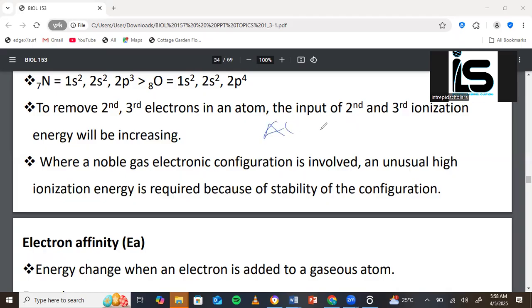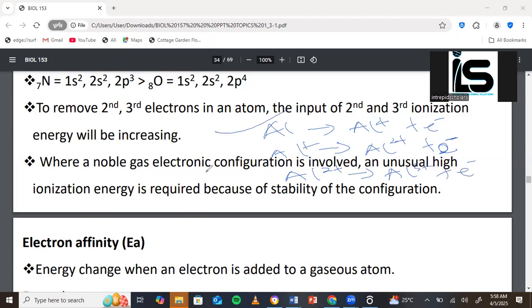Now, when aluminium loses the first electron, it forms Al plus and an electron. Now, when Al plus loses one electron again, it forms Al2 plus and another electron. Now, Al2 plus can also lose an electron to form Al3 plus, plus an electron. Now, this is the first ionization, this is the second ionization, and this is the third ionization.